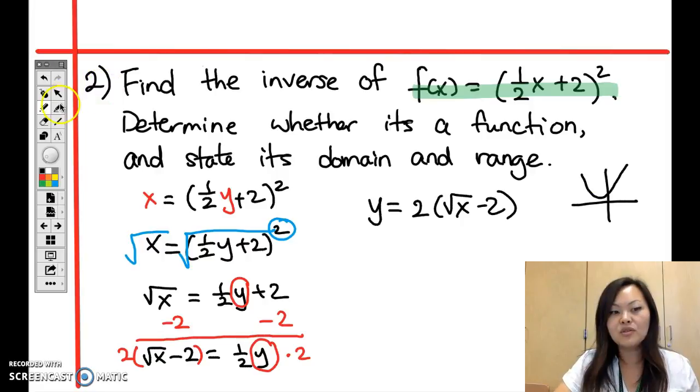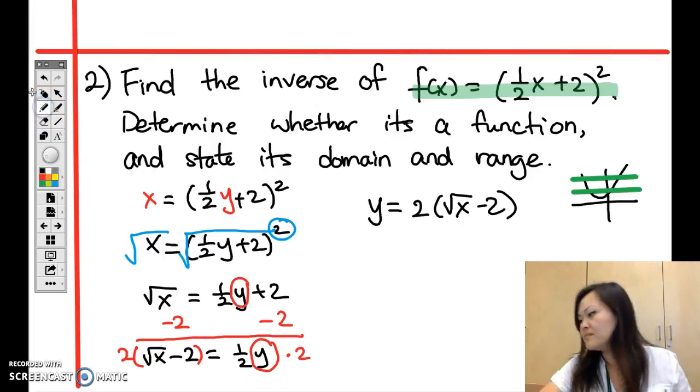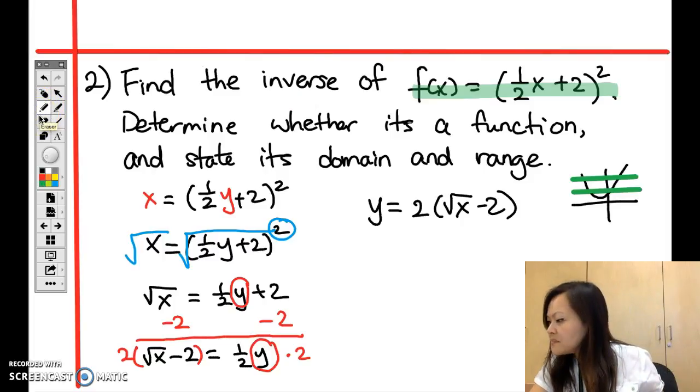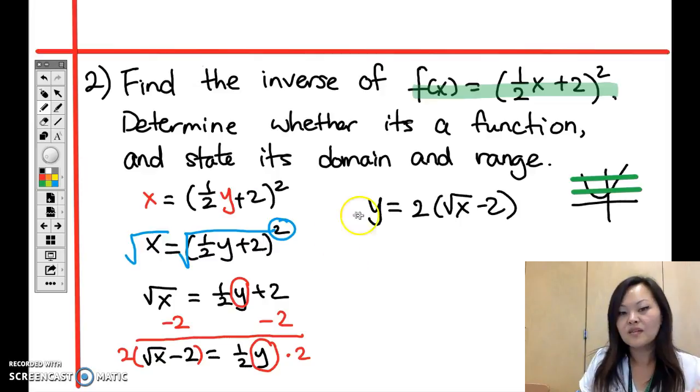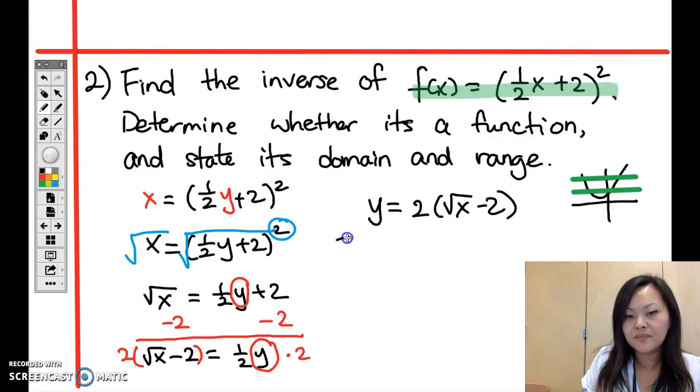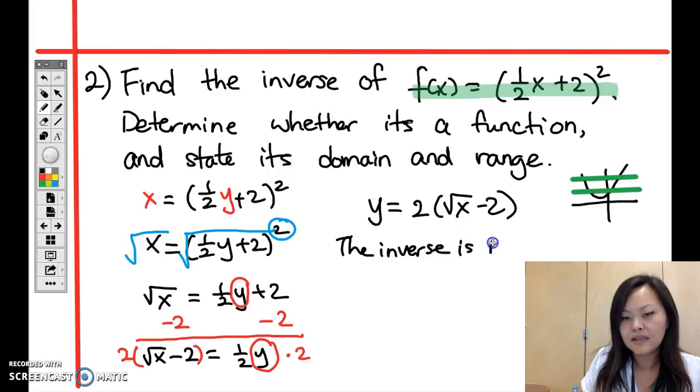Okay, so if you do the horizontal line test, you know that it touches more than one, so it is not a function. Okay, so then you have to say the inverse is not a function.